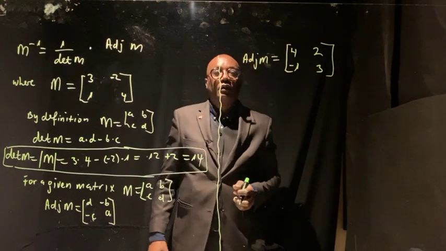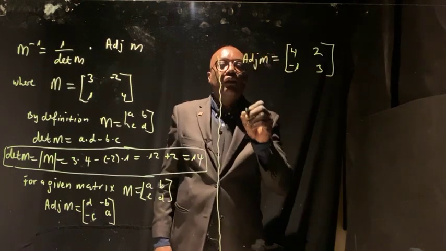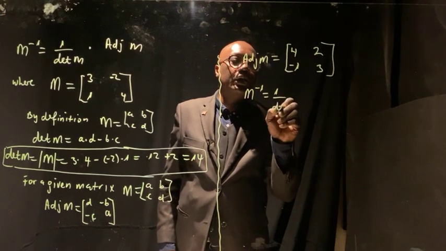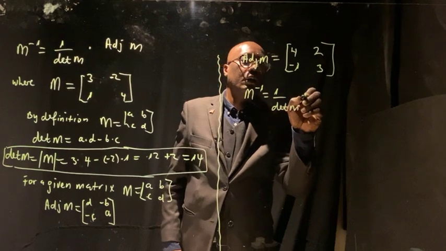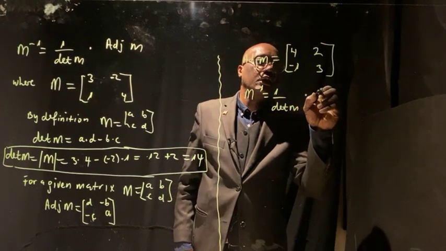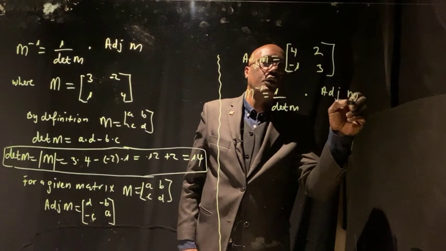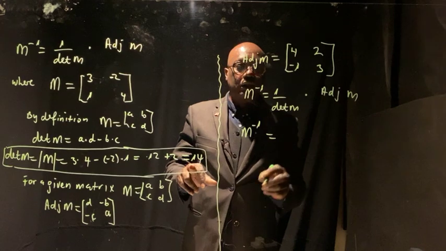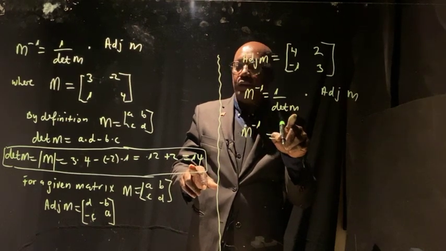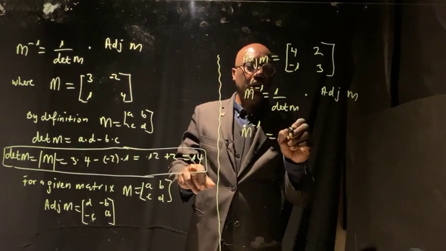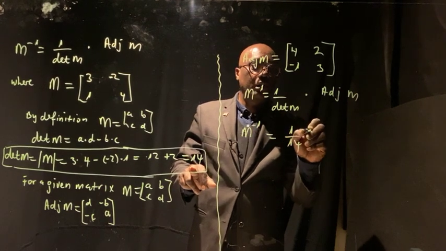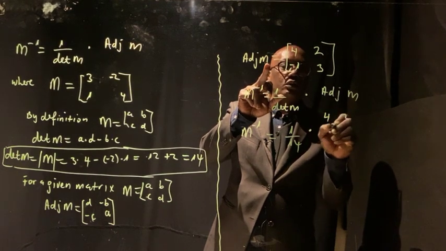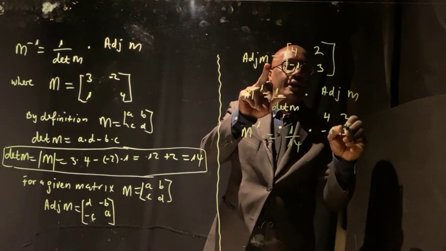Now, based upon the previous definition, we said that the inverse of the matrix M is equal to 1 over the determinant of the matrix M multiplied by the adjoint matrix M. The determinant of M is 14, so we have 1 over 14 multiplied by the adjoint of M. This is the adjoint of M, so it is 4, 2, minus 1, and 3.